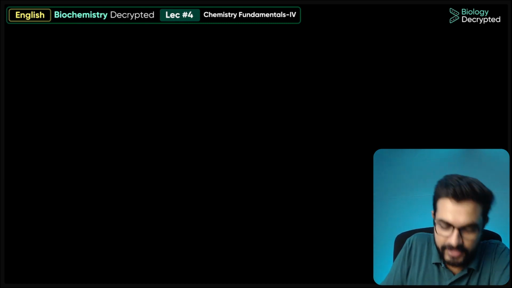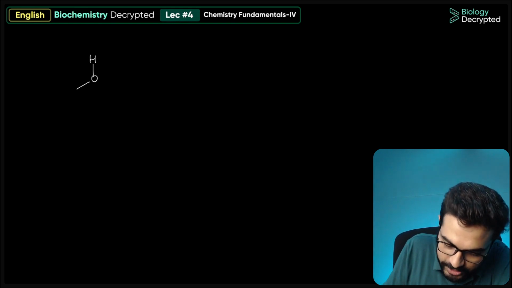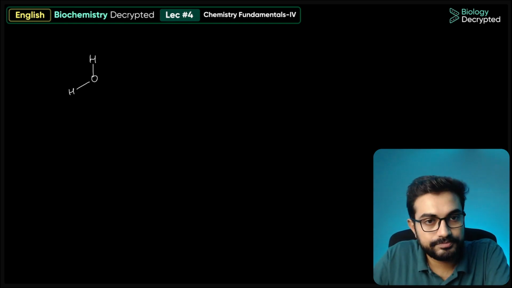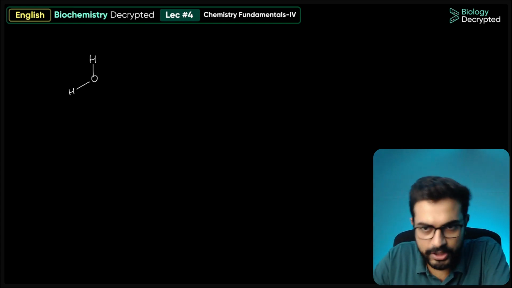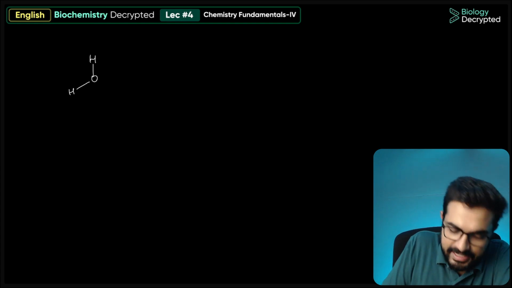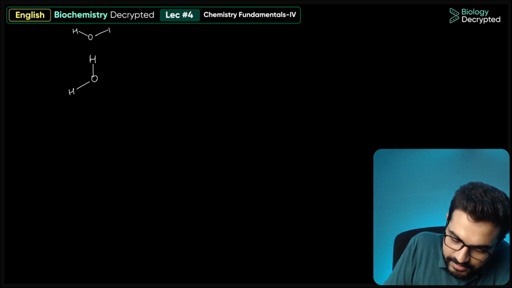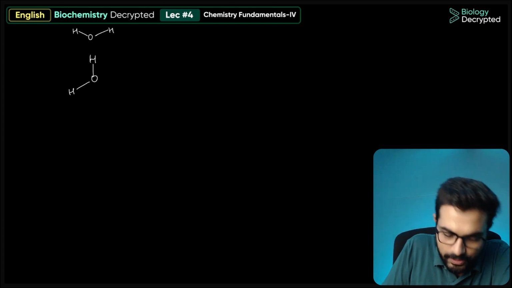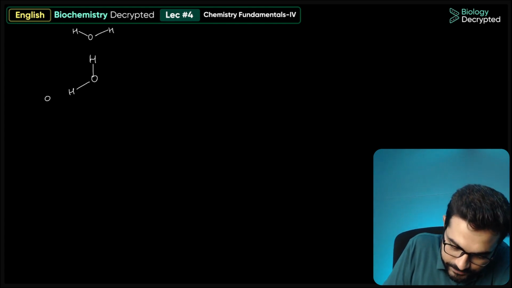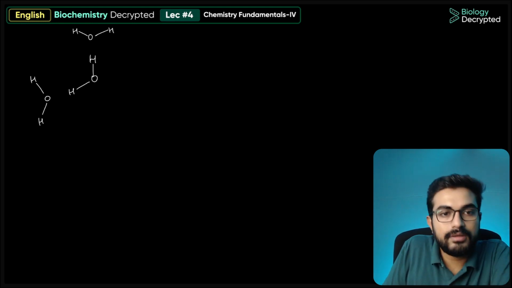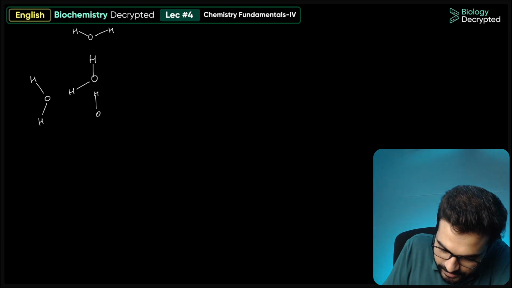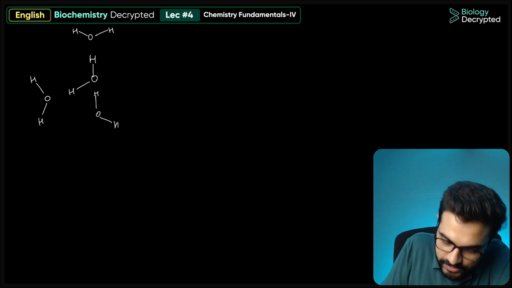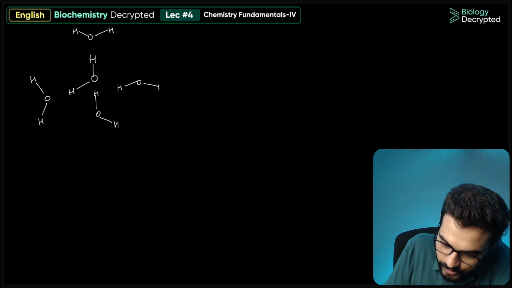Here we will draw a water molecule like this. Now this water molecule will obviously be surrounded by other water molecules, and we can say that this is how there are water molecules surrounding this particular water molecule. Let's say here you have HOH, you have HOH here, you also have HOH here.